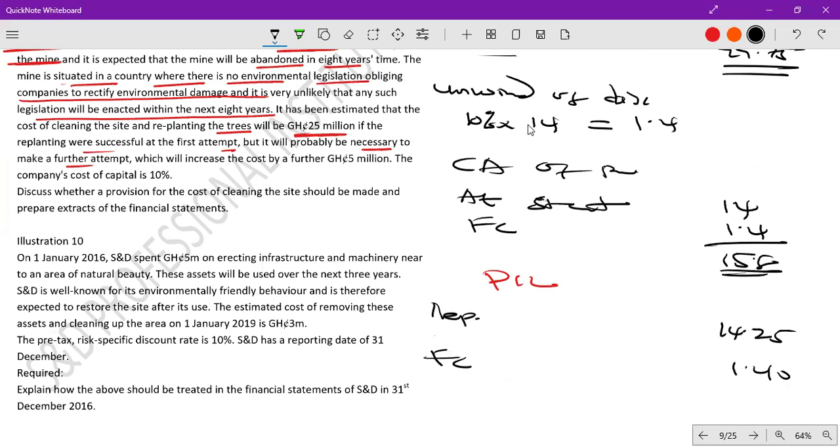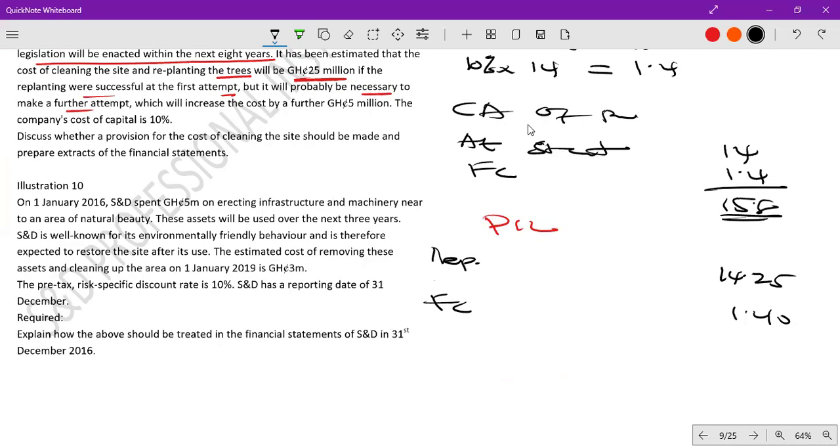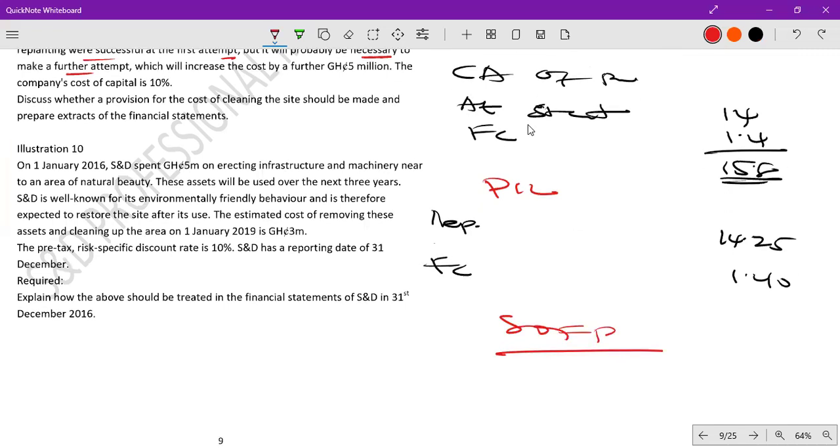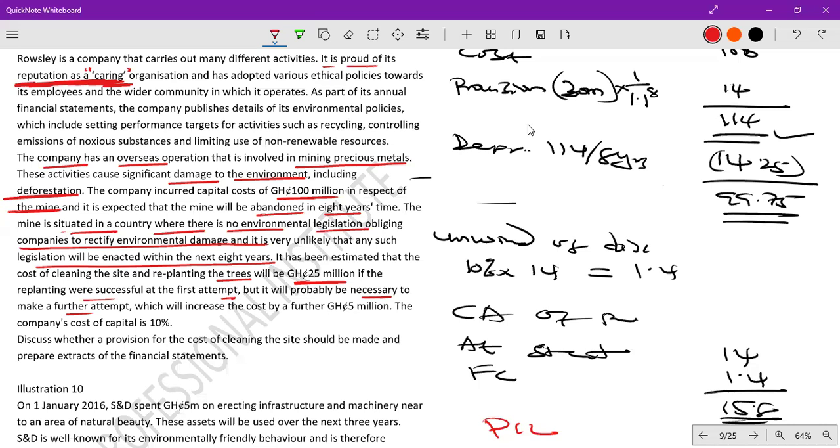And in your statement of financial position, what are the figures that should be there? As the assets, the carrying value of the asset was 99.75.